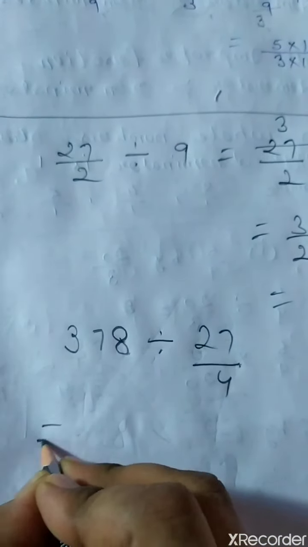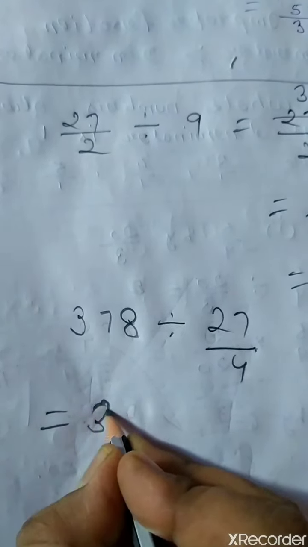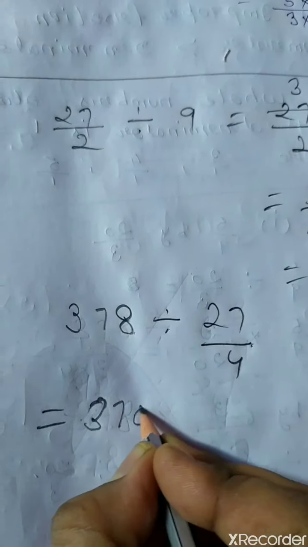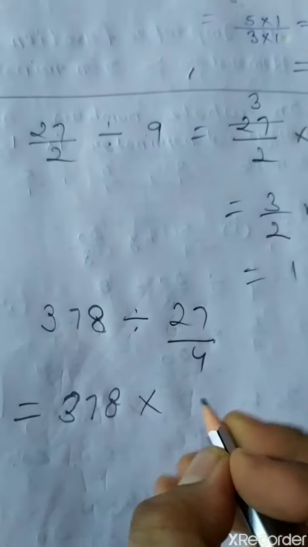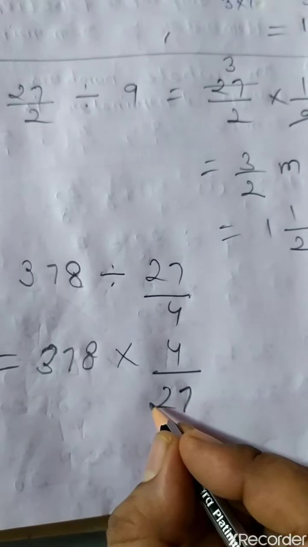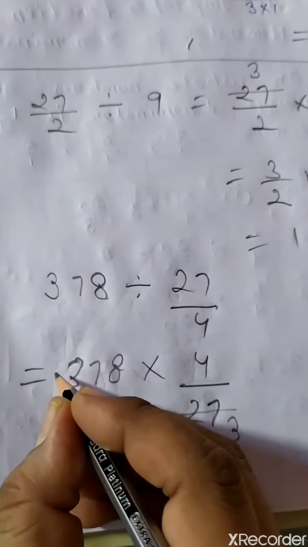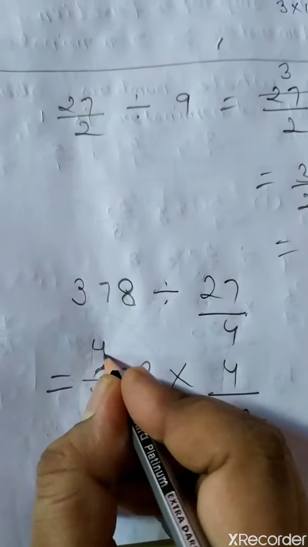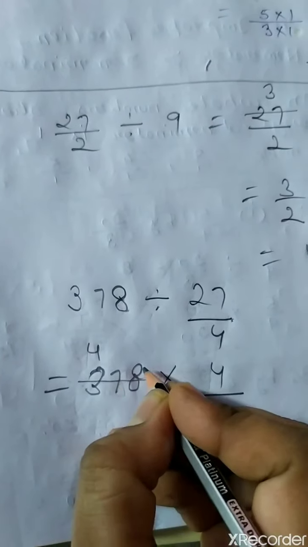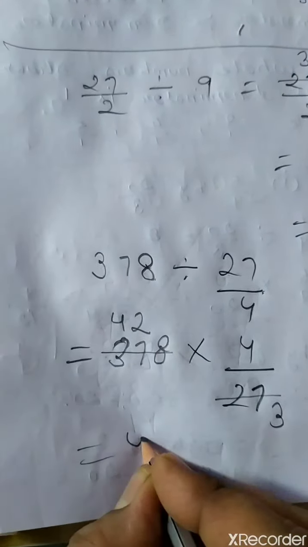You will get like this: 378 into 4 by 27. Now this you will cut here, 9 into 3 times, and there you will cut 9 into 4, 36, 9 into 42.